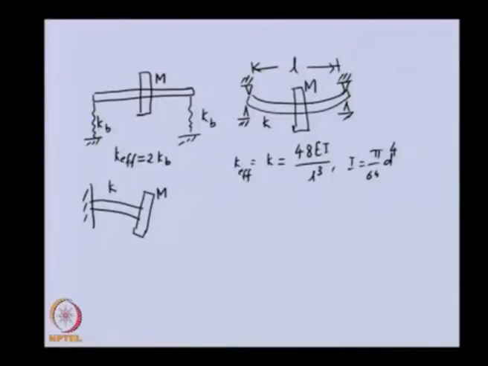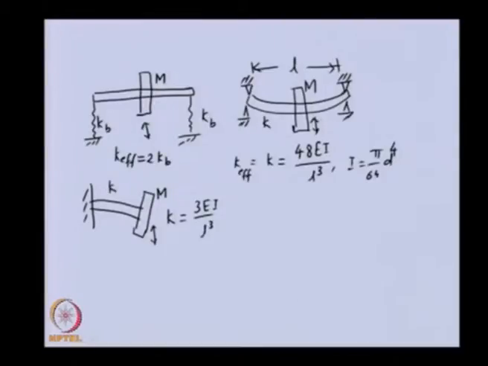In this case, the stiffness is given as 3 EI by L cube. In all these 3 cases, we are trying to see the up and down motion of these masses, which we call transverse vibration.